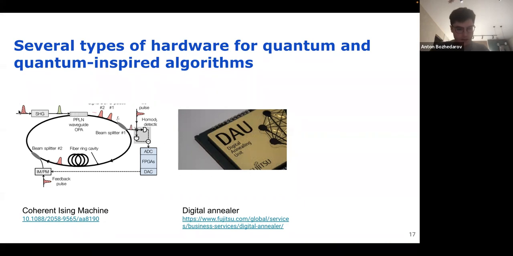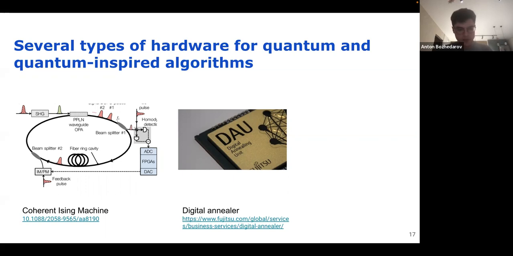The scheme on the left corresponds to the coherent Ising machine. It's an electro-optical device that has a lot of fiber optics, and we pump this optics with single photons, like electromagnetic fields that correspond to single photons. In every loop we read the state of the photon, and based on the reads that we have measured, we apply some additional phase modification, for example, adding additional phase for polarization of the photon.